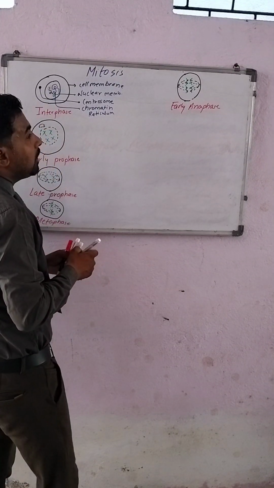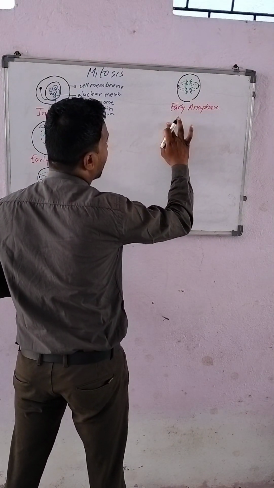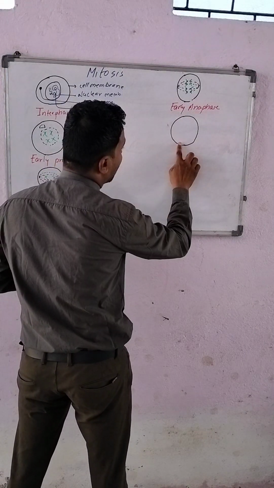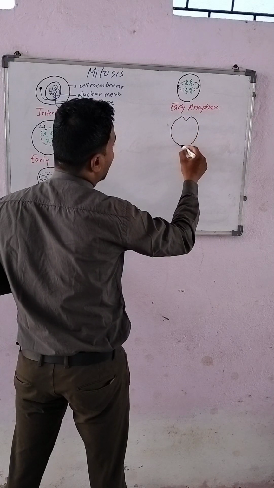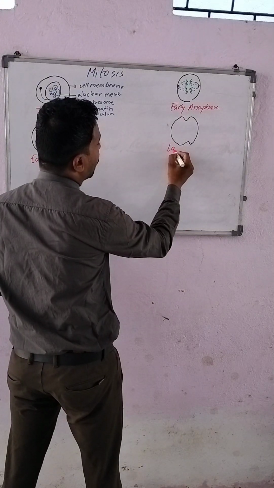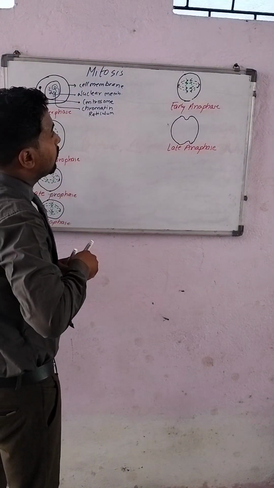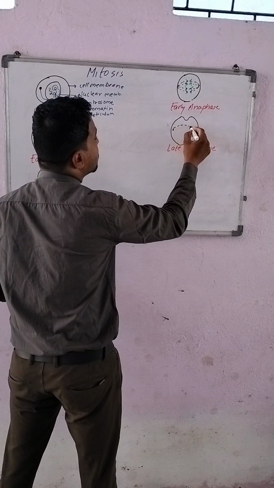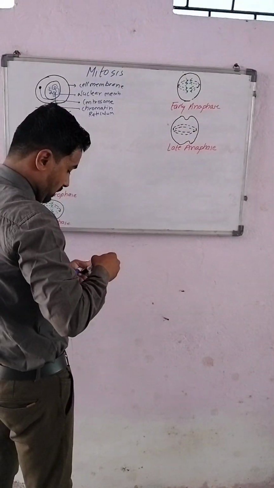Now in late anaphase, what happens? In the late anaphase, the chromatids, or sister chromatids, completely move towards the asters.